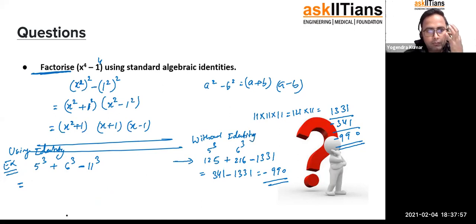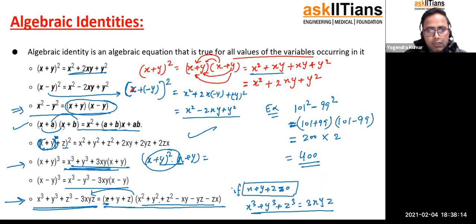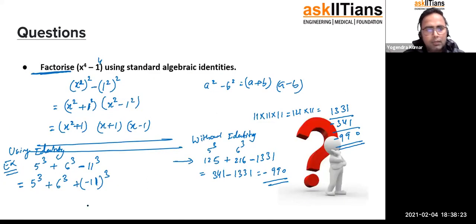Now I can take 5 cube plus 6 cube plus minus 11 to the power 3. Right. Now you can see what are the numbers here. Can you see which identity is going to fit here? This particular identity, right? When x plus y plus z is equal to 0, the cubes are equal to 3 times xyz. So x is equal to 5 here, y is equal to 6 here, z is equal to minus 11 here.